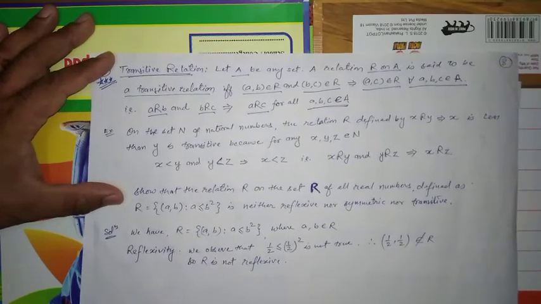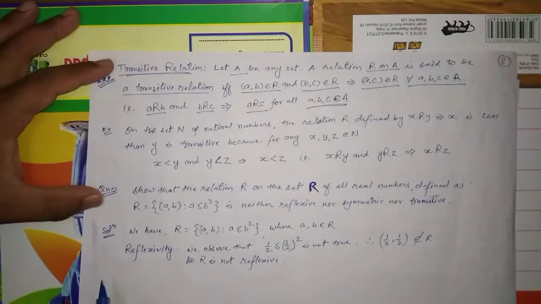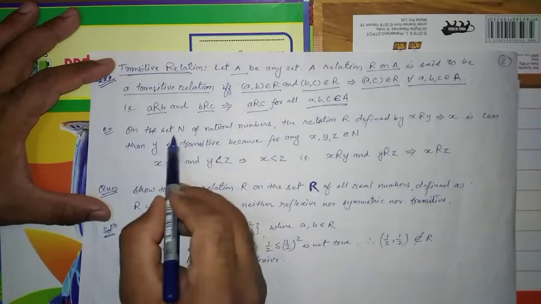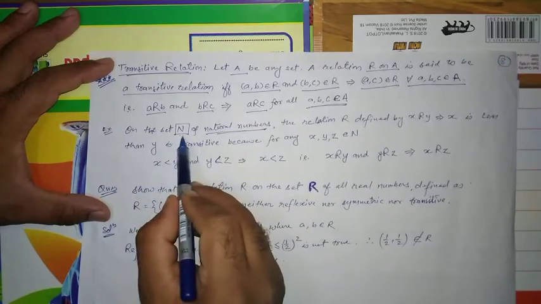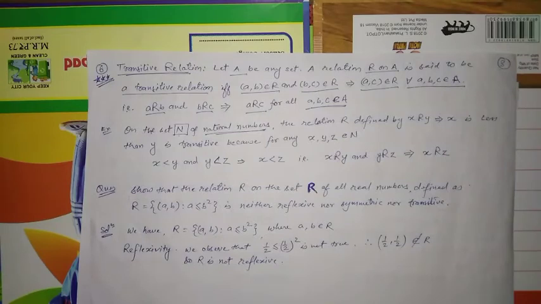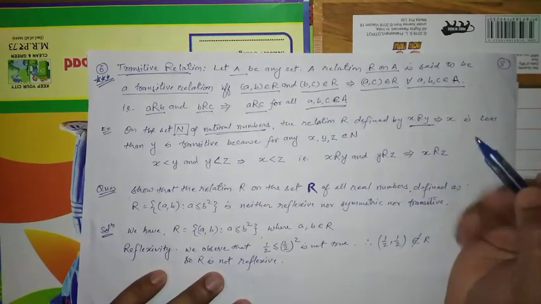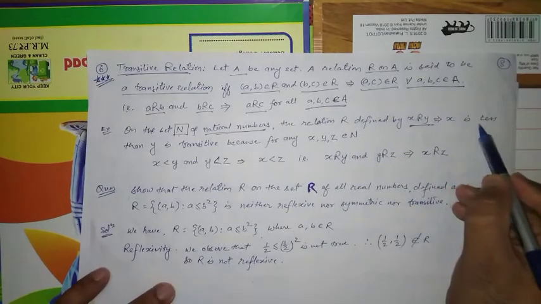So we will consider an example of that so that we can have a better understanding. On the set N, this is the illustration. N is nothing but the set of natural numbers, which contains numbers from 1 onwards, that is 1, 2, 3, 4 and so on up to positive infinity. The relation R is defined by x R y if x is less than y.